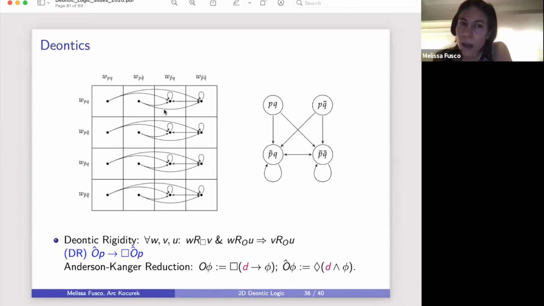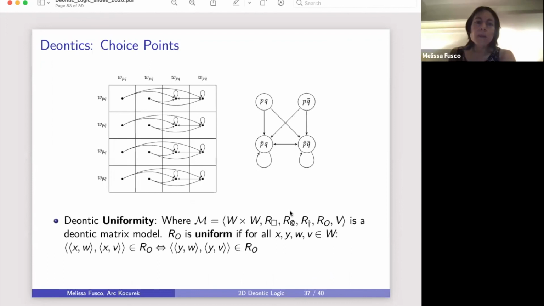So D, where all requirements are met, is itself going to be a proposition that's true here and true here and false here and false here.